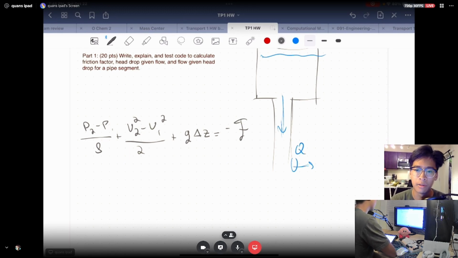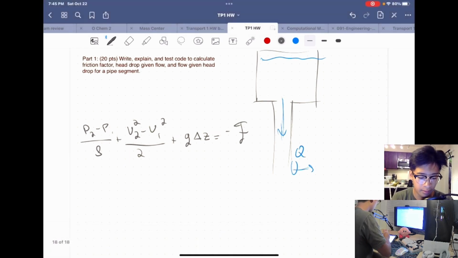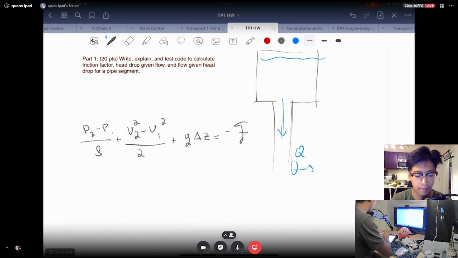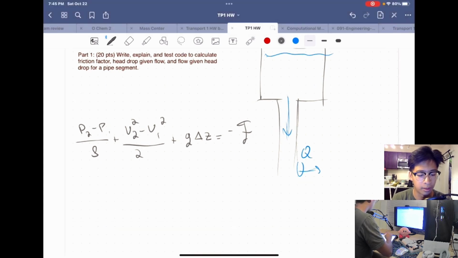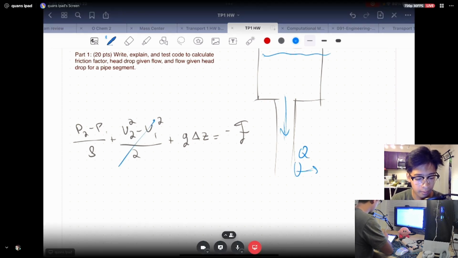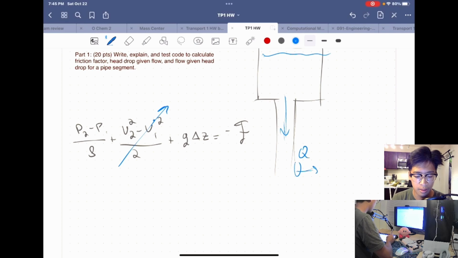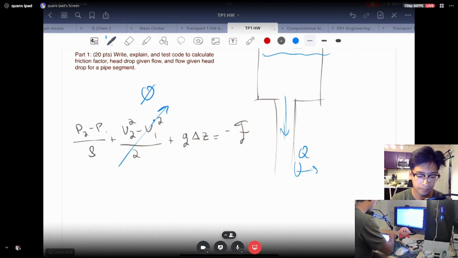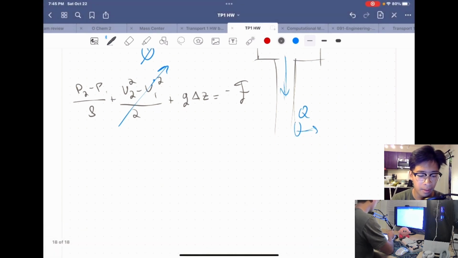Many times in chemical engineering, it's often convenient to represent this in something called head form, right? Again, for this situation, there will be no change in velocity, so this goes to 0. And this head form is very simple.